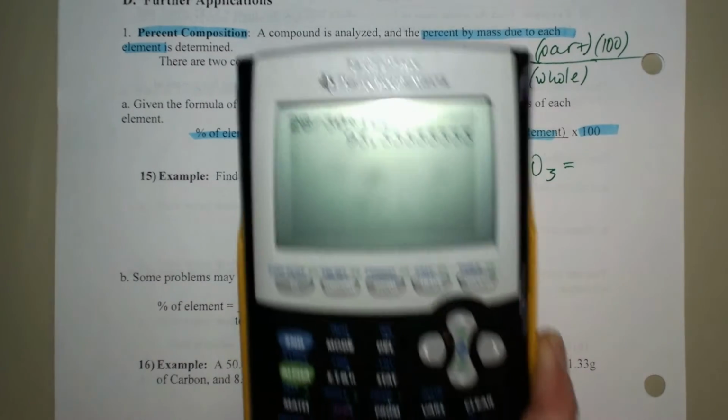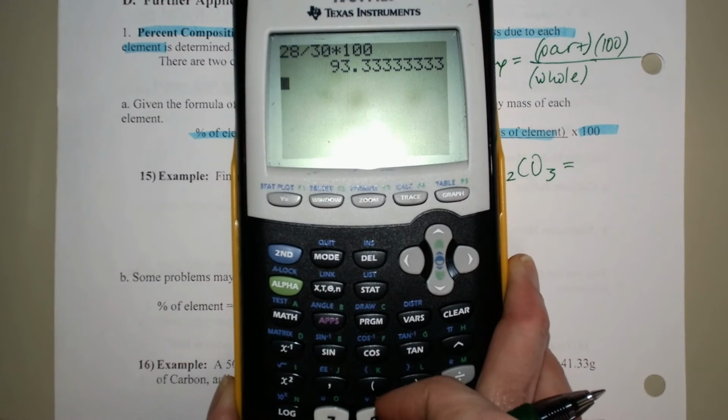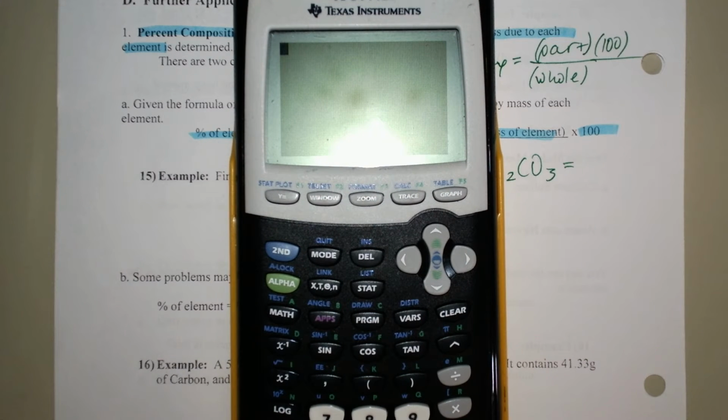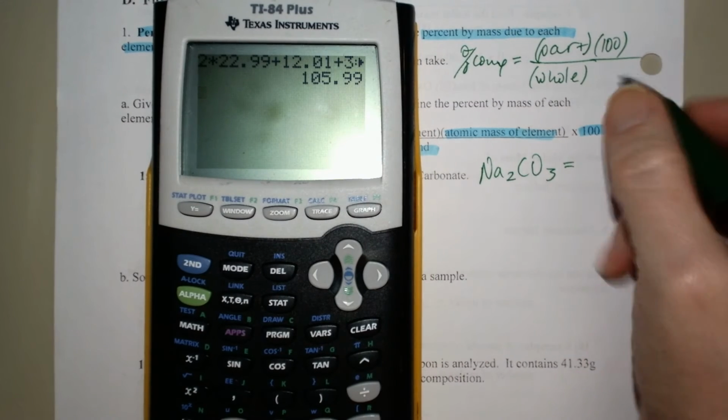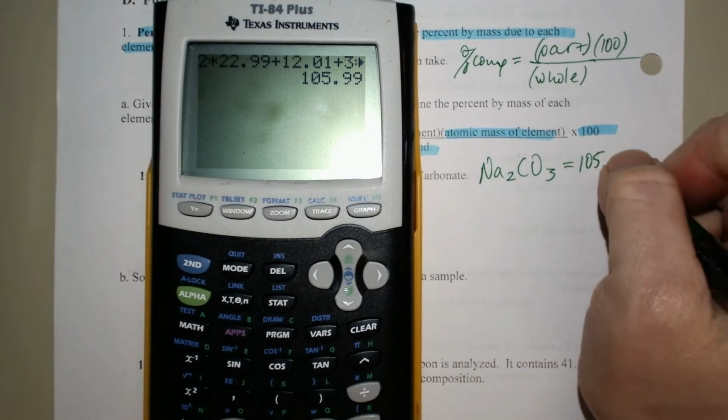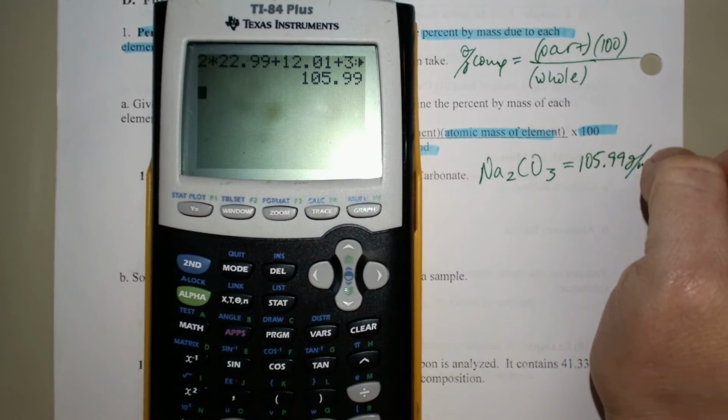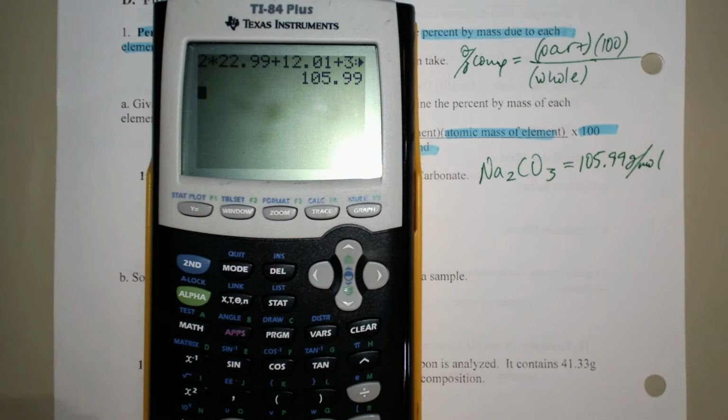I'm going to do it on mine as well. Okay, so that's the molar mass.